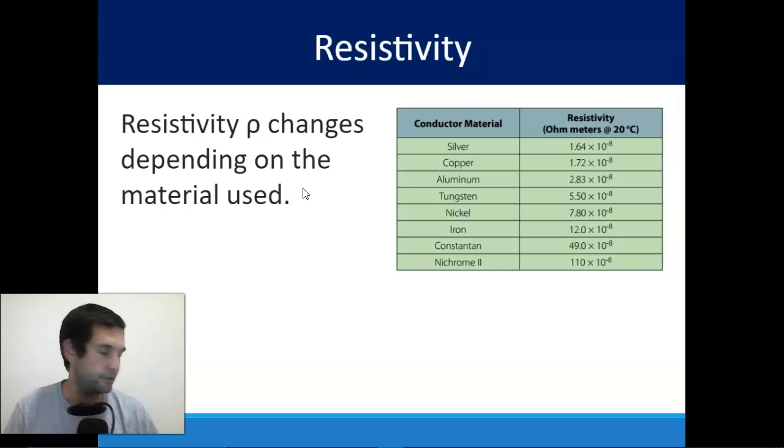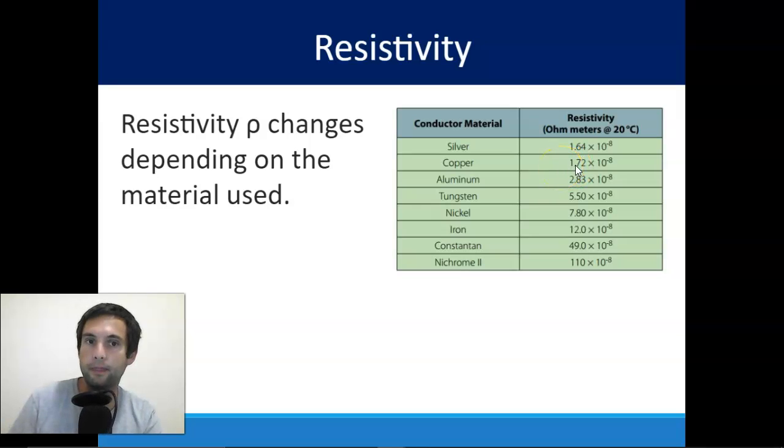Resistivity changes depending on the material used. So if we look at different materials, silver, copper, copper we know to be relatively low resistivity. It's used in a lot of circuits in a home building. Copper wires have low resistivity, so it's pretty efficient. Meanwhile, tungsten has a higher resistivity, but it doesn't completely slow down the current.